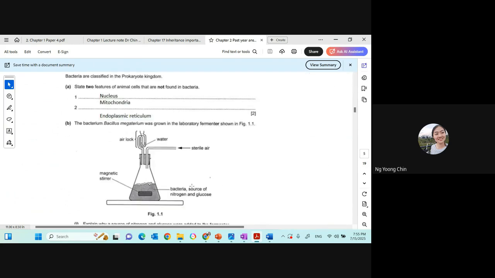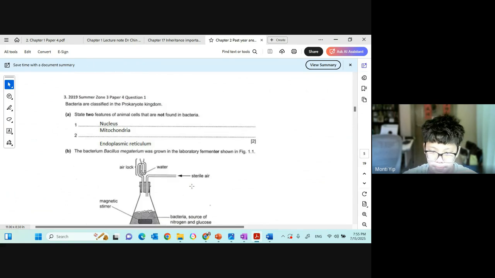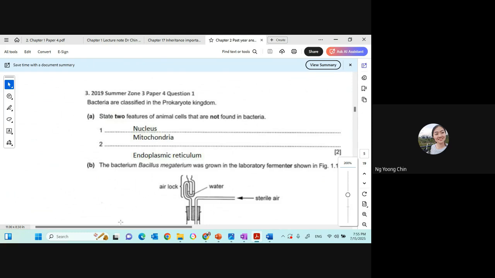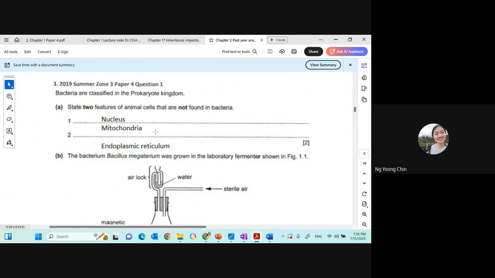So that's all for today. When I go to more questions, I would like to show you more how to answer. See, state two features of the animal cell that are not found in the bacterial cell. You can see how they ask. Is the animal cell a eukaryotic cell or prokaryotic cell?